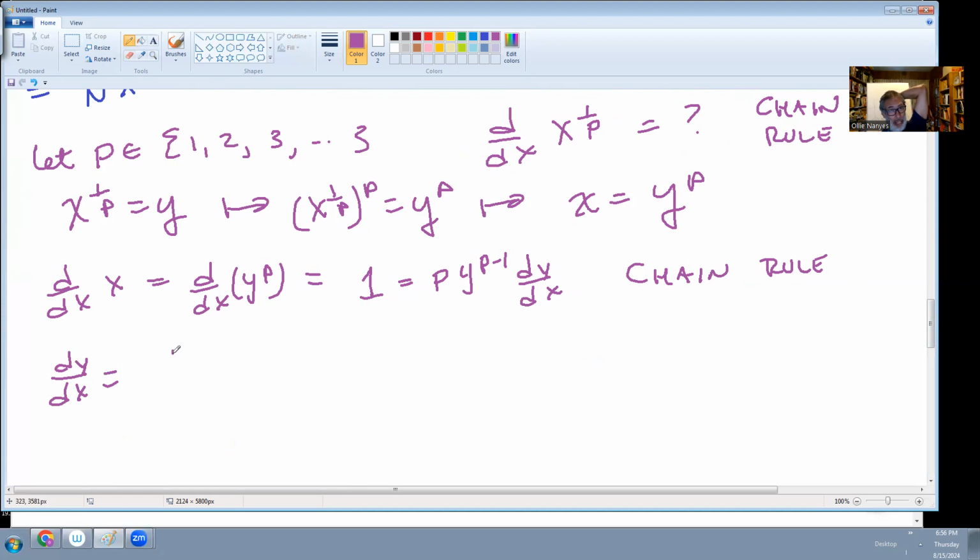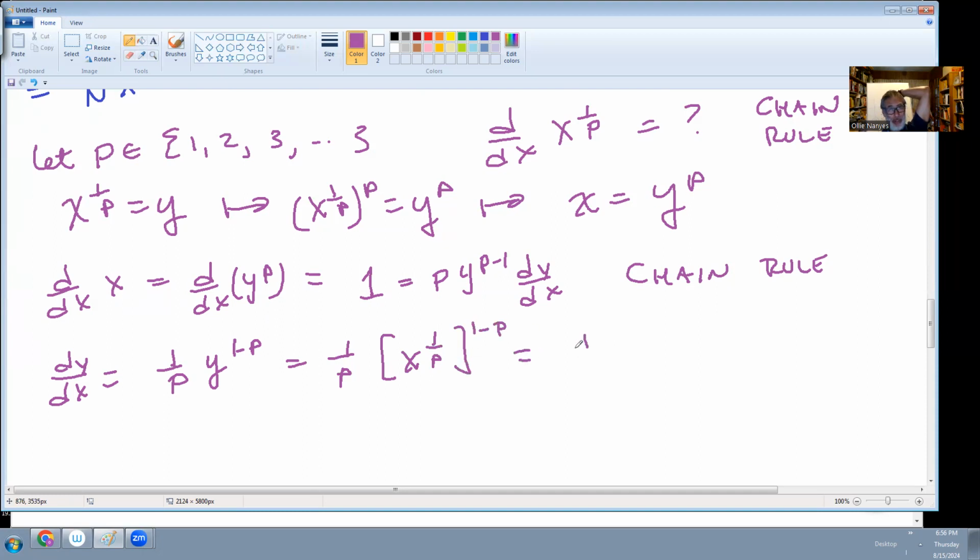You divide both sides by p, and then you end up with dy dx equal to 1 over p times y to the negative of this power. But remember what y is.